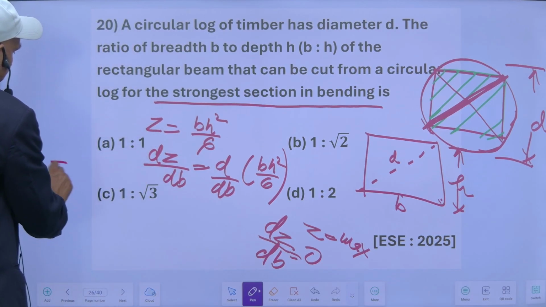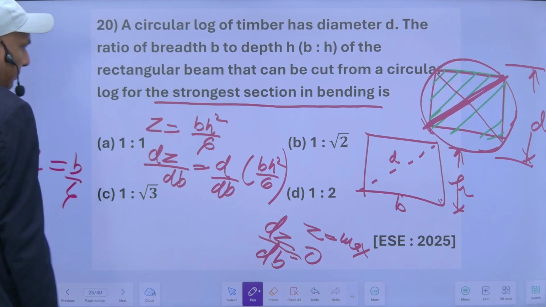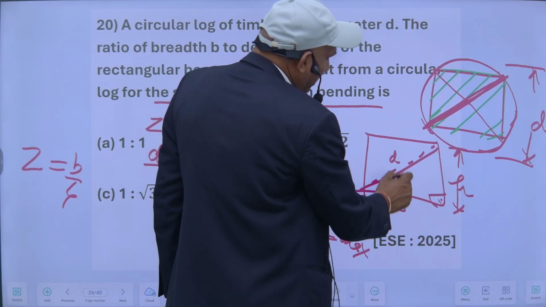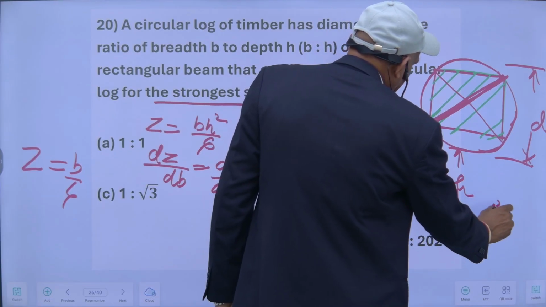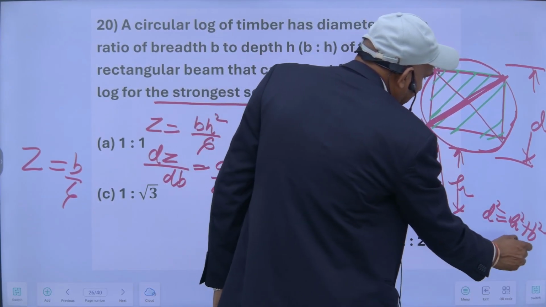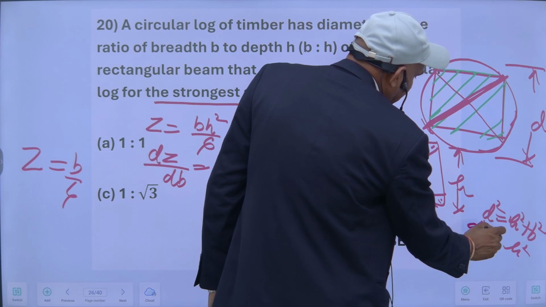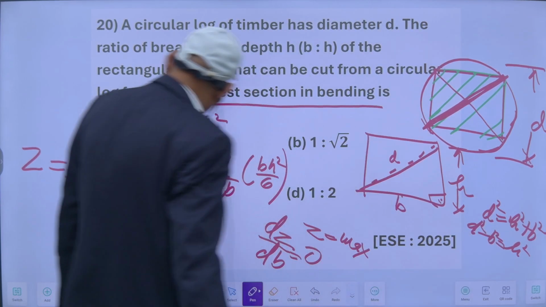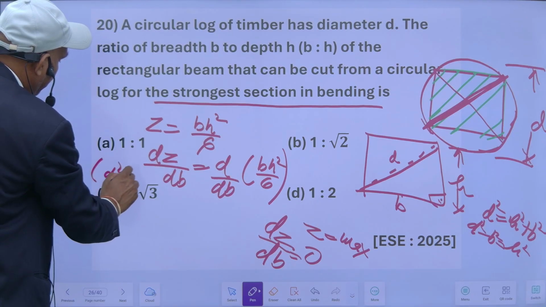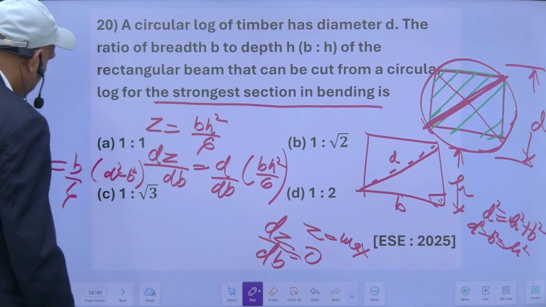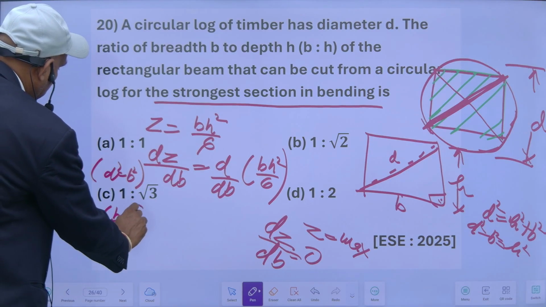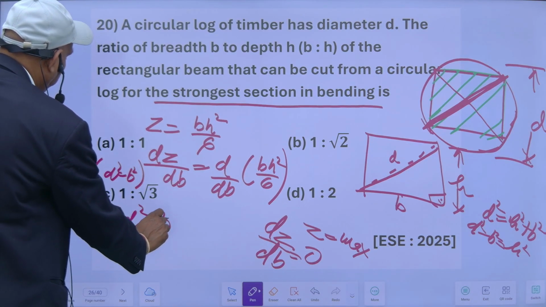Now z is equal to b upon 6 into h square, and what is h? This is 90 degree, so h square plus b square is equal to d square. So h square is equal to d square minus b square. It will become 1 upon 6 into b d square minus b cube.